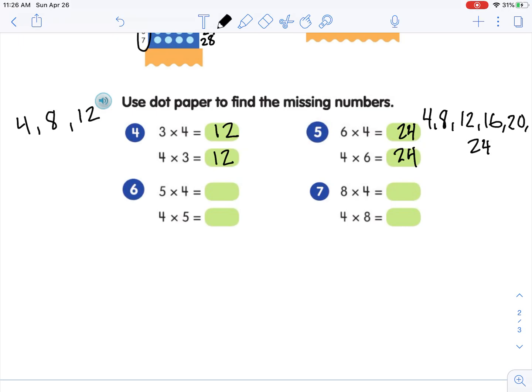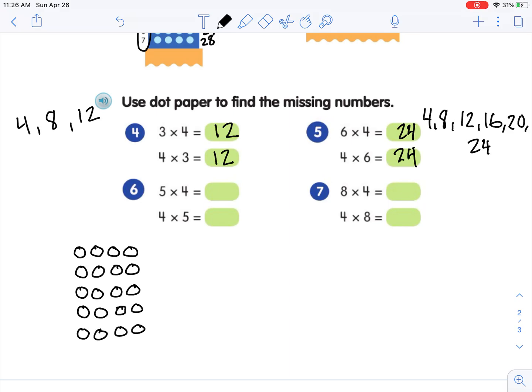Now I have 5 times 4 and 4 times 5. Well, let me try the dot paper like they suggested. I know I have 5 groups and 4 in each group. But we already have 1 in each group, so we just have to add those 3 more. Right?